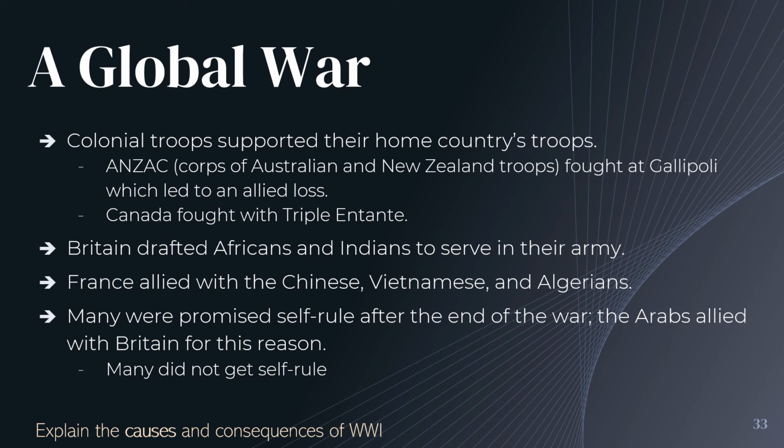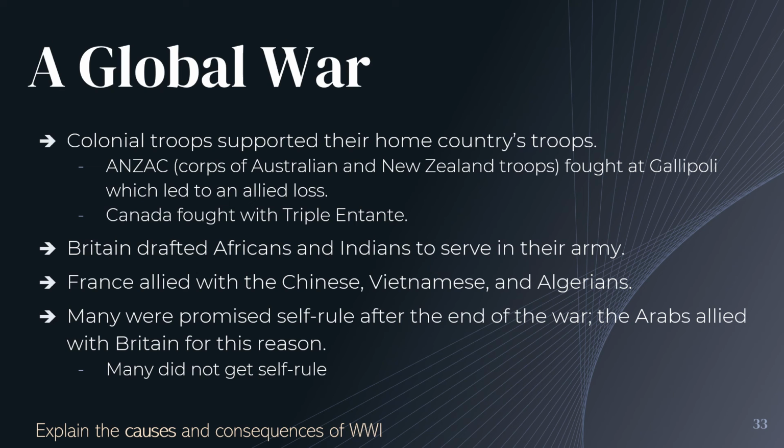And a lot of these places were promised self-rule after the end of the war. I would love to travel back in time and get in their heads and see what they were expecting to happen. The Arabs allied with Britain. Most places did not get this self-rule.